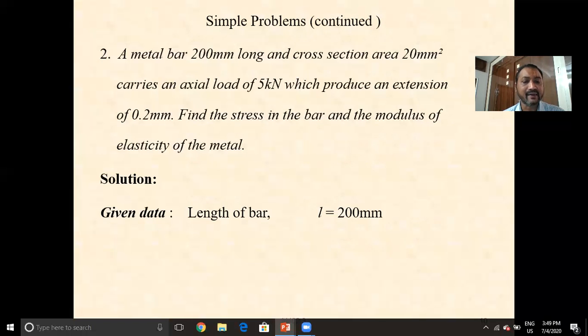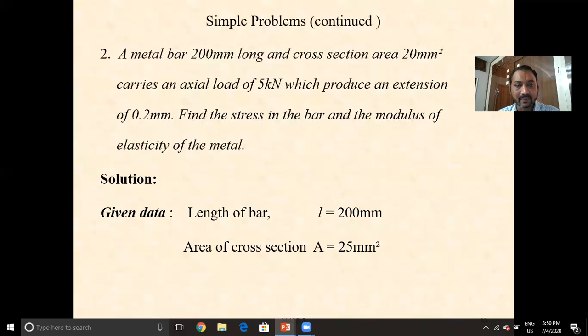First of all, the given data: the length is given as L is equal to 200 millimeters, and the area of cross section is directly given. We need not calculate it. It is given as 20 or 25.